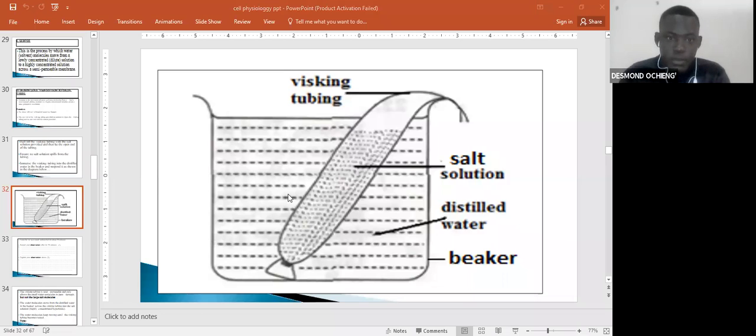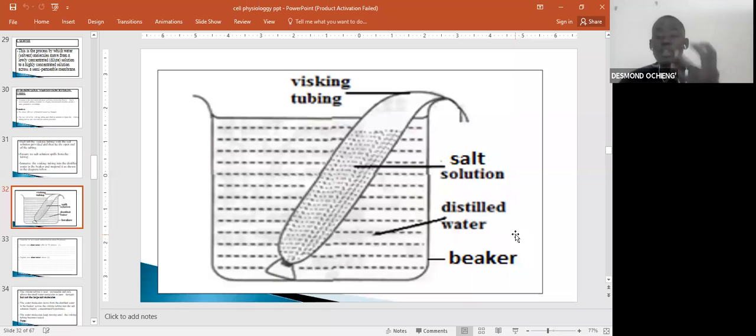So we expect that after 30 minutes, water will move from the beaker where its concentration is high to the salt solution where its concentration is low. So now you can see that the highly concentrated solution here is the salt solution, while the lowly concentrated solution is the distilled water, which sincerely has got no solute in it.